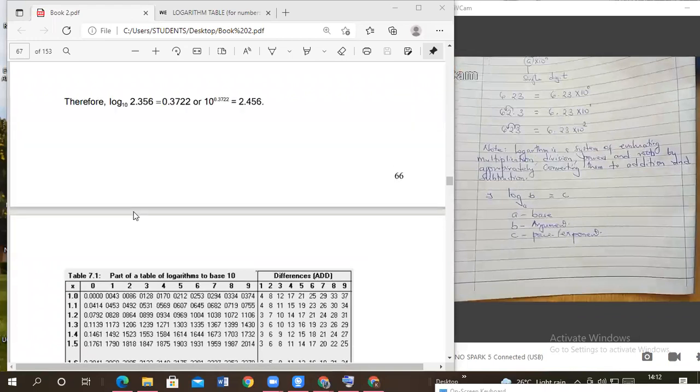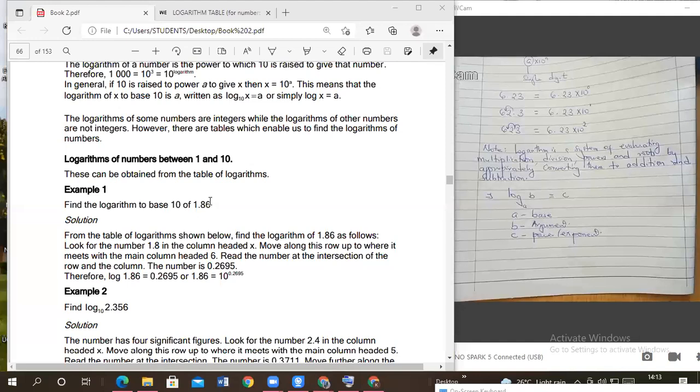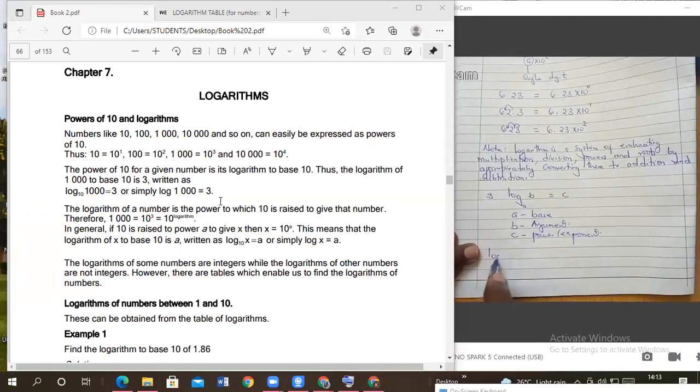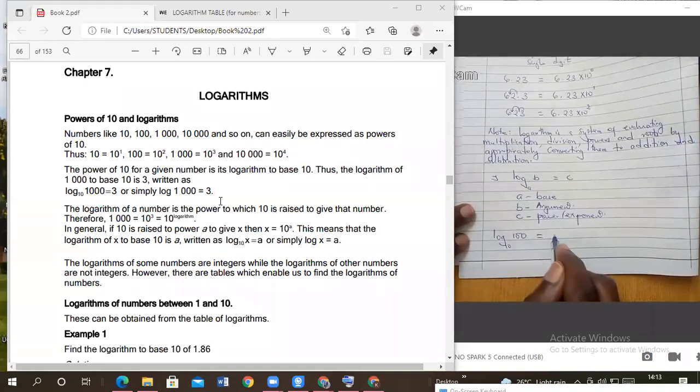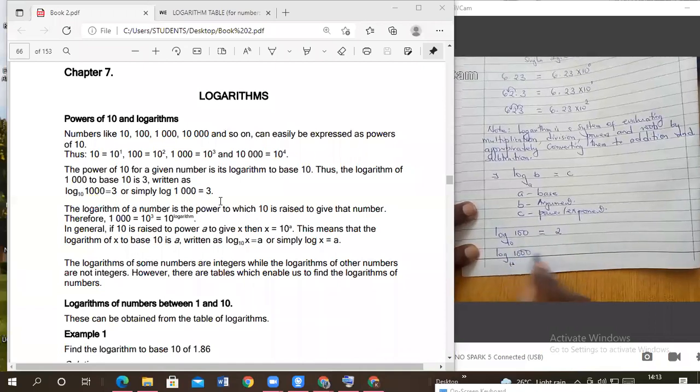Now, members, we have seen how to get the logarithm of numbers that can be expressed in powers of 10. Take for example, log to base 10 of 100. The answer is 2. Log to base 10 of 1000, the answer is what?